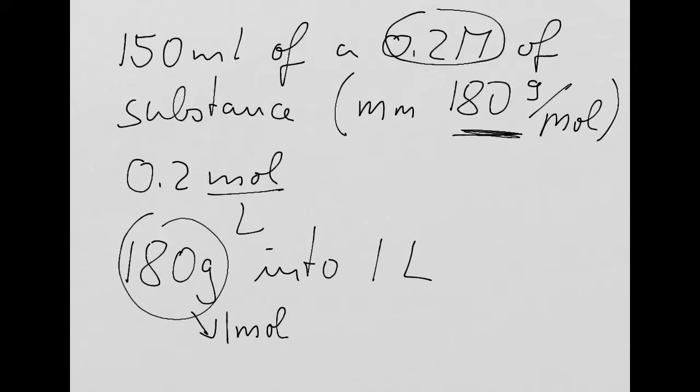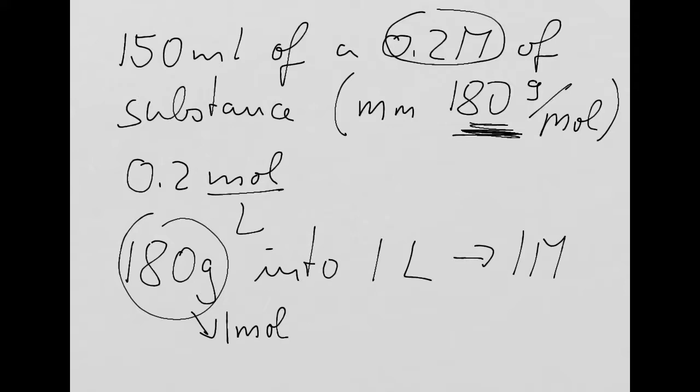That's from the 180 gram per mole. So if we take these 180 grams, put that into 1 liter, we would get a 1 molar solution. Does that make sense? But we don't want a 1 molar solution, and we don't want a liter.